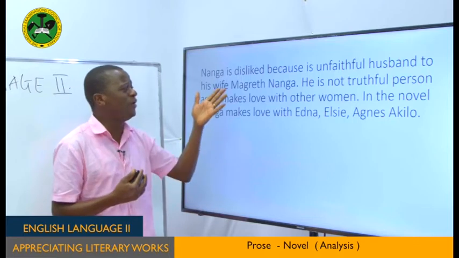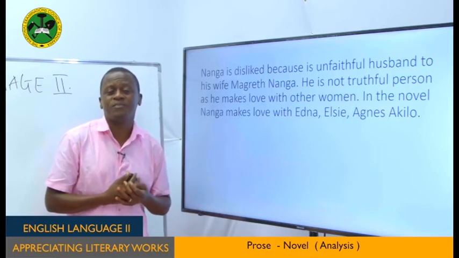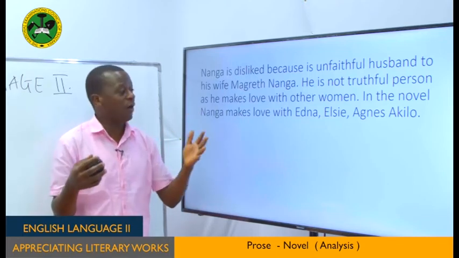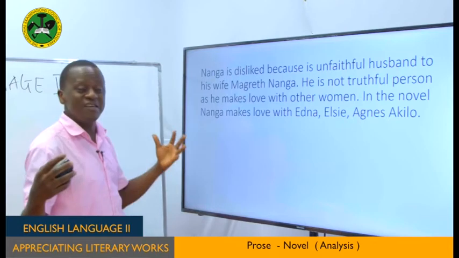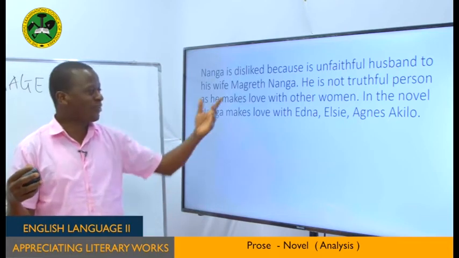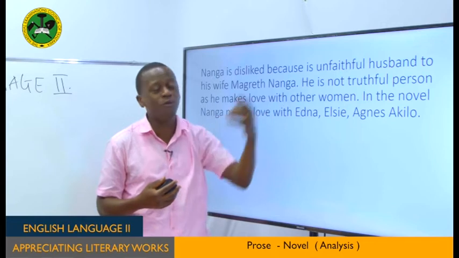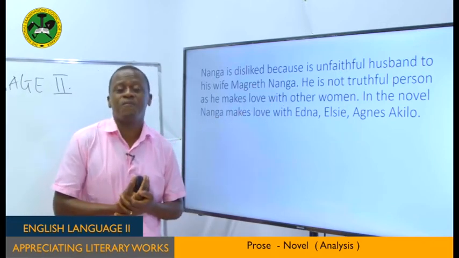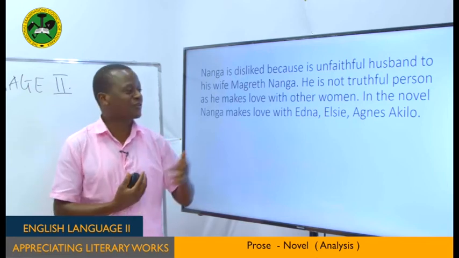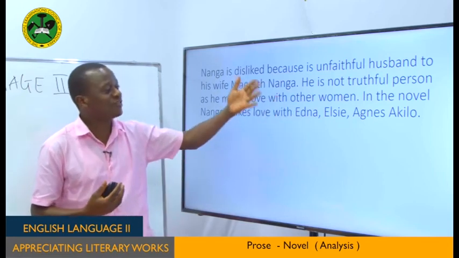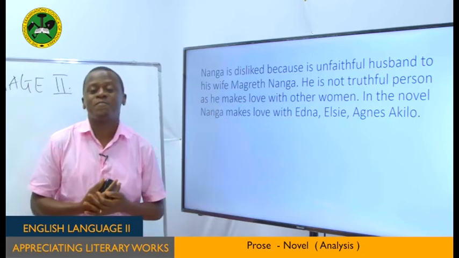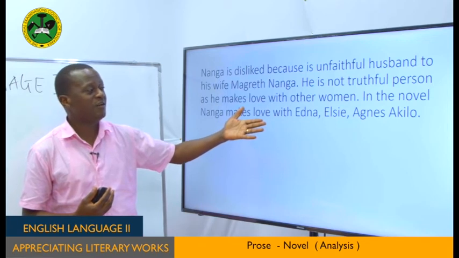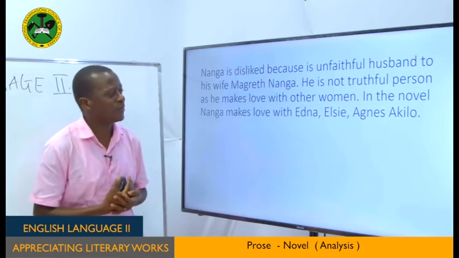It's a behavior that needs to be rebuked. It's a behavior that we need together to say no to. Remember that the world now is exposed to so many diseases. With this kind of unfaithful behavior, it endangers one's health. There are so many sexually related diseases. Here, Nanga is practicing such a thing.